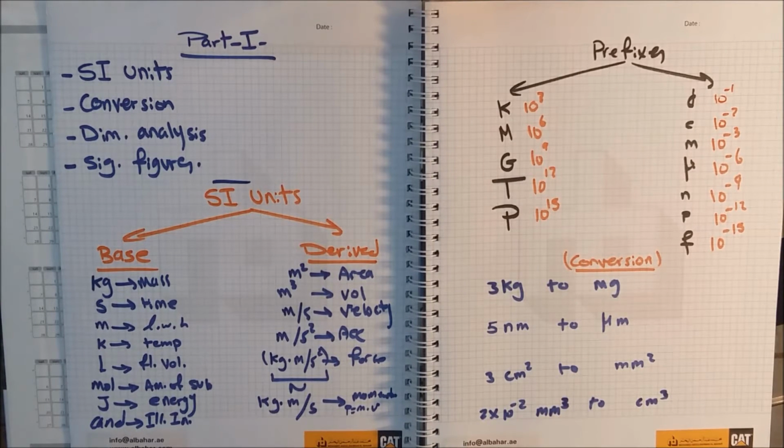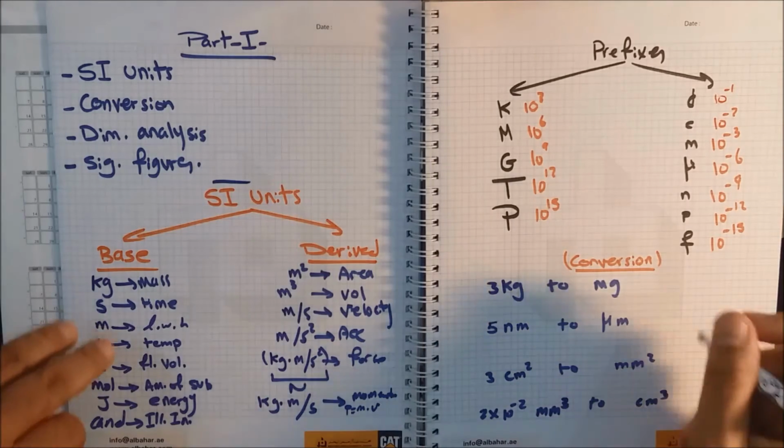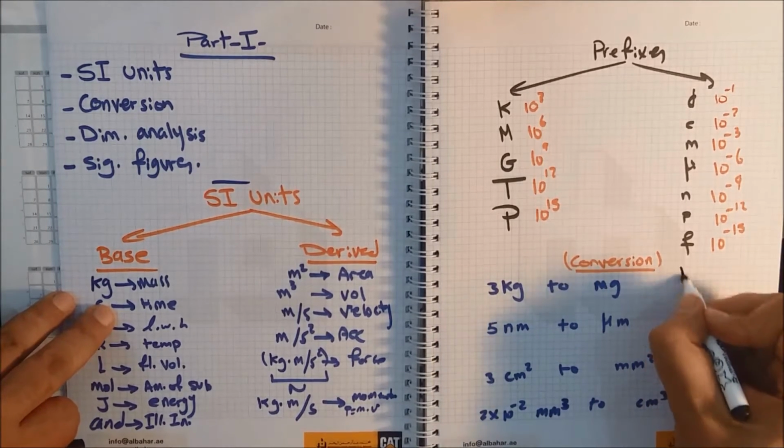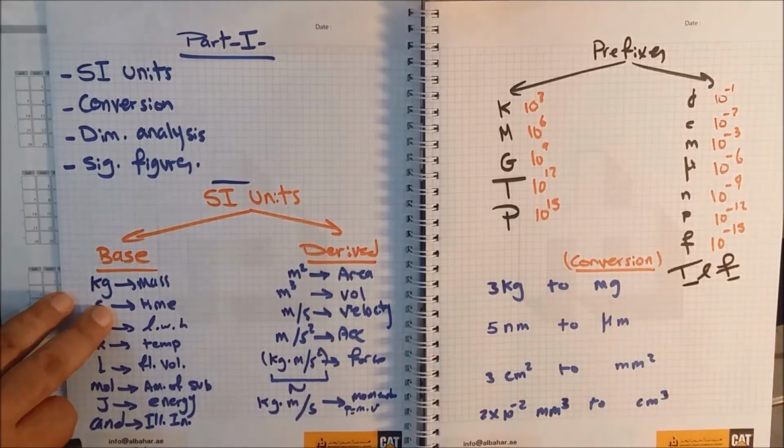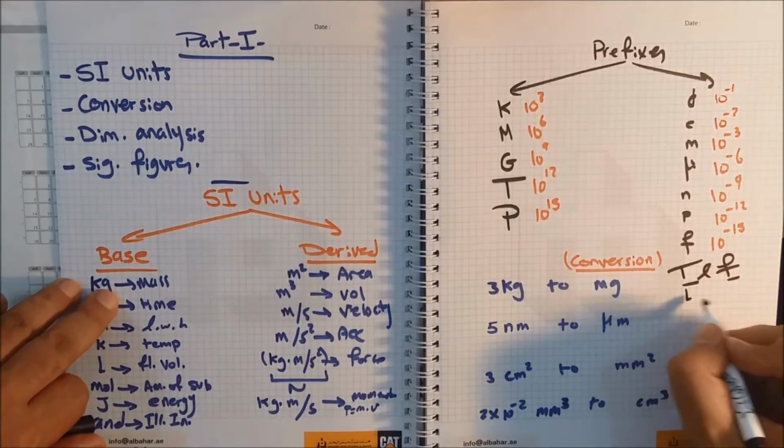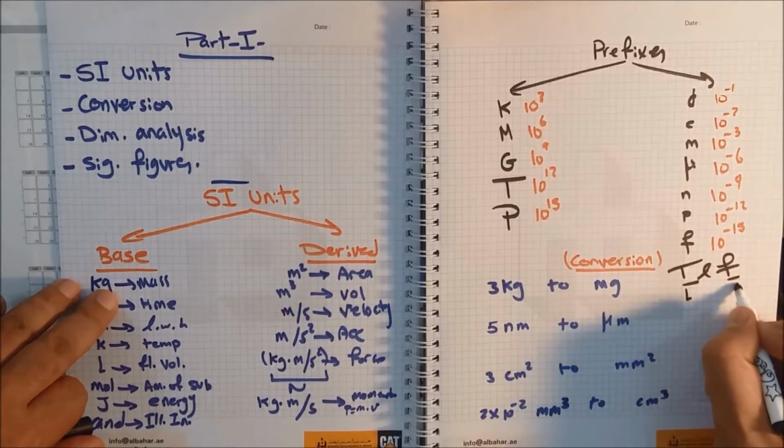So you have many ways to convert from one prefix to another. You have the stairs method, which is mentioned in the books and references, but I have one easy method that you can use, and we call it translate and flip. Translate the left side and flip the right side.